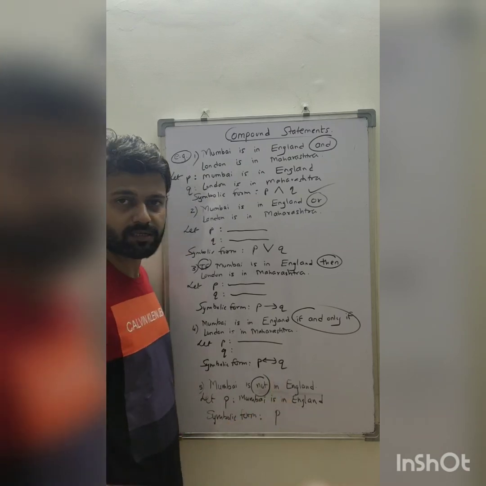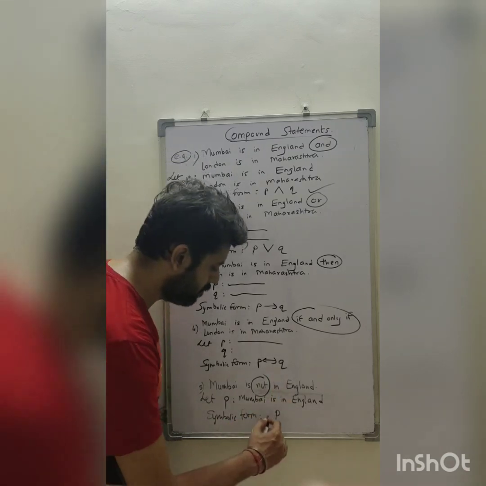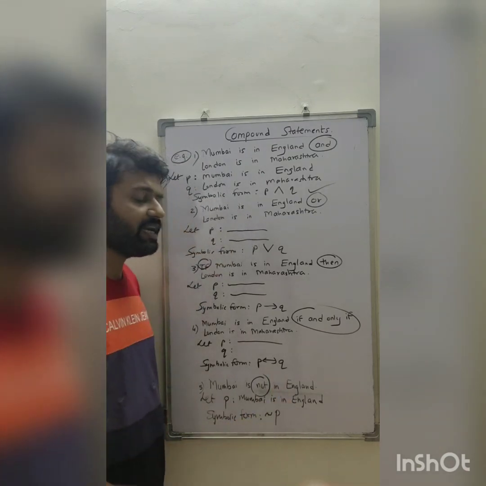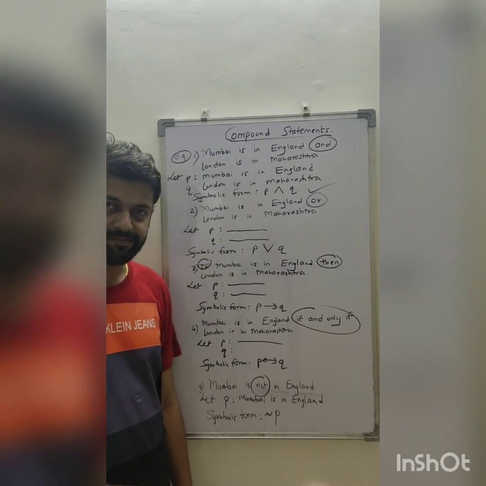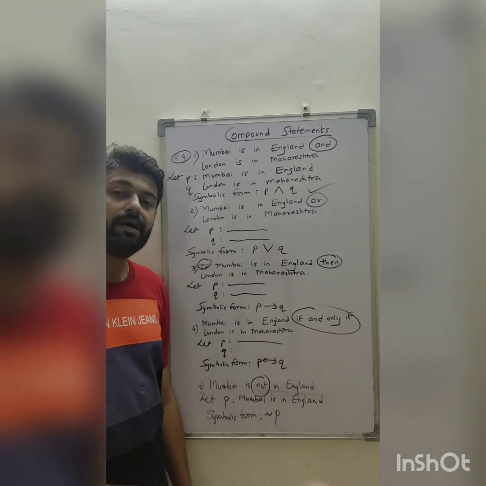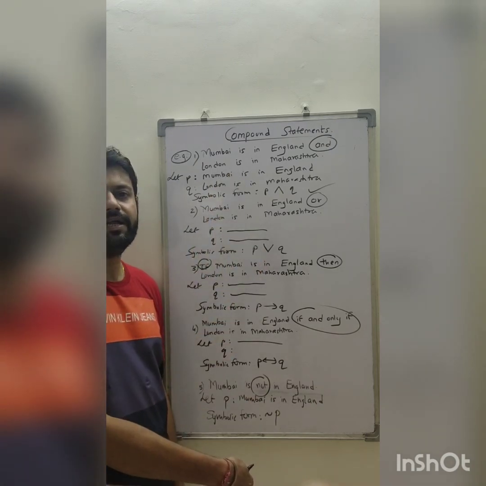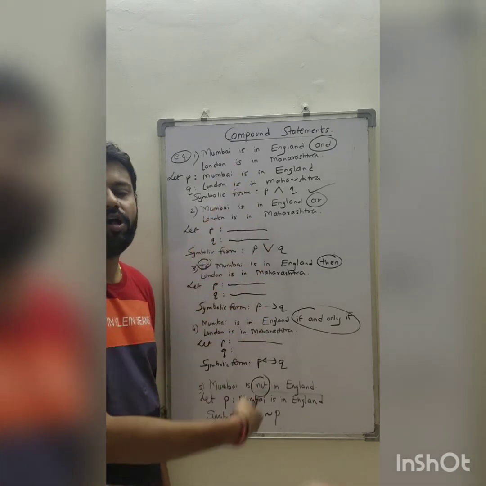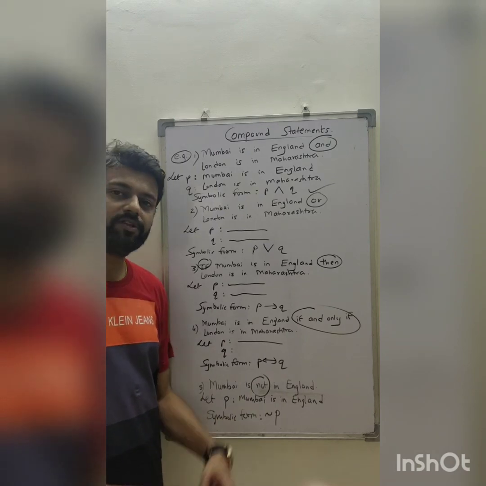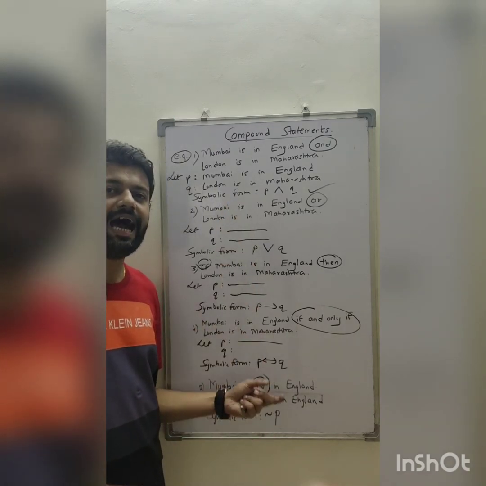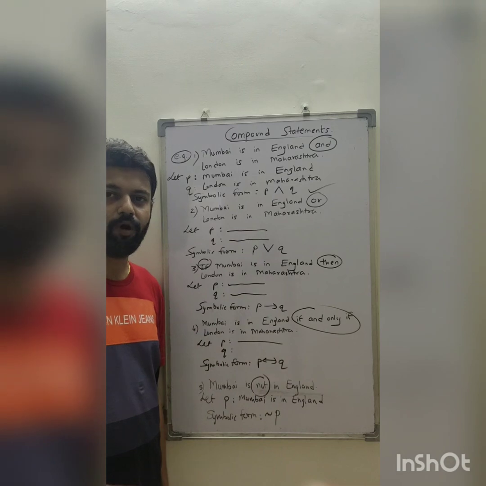This connective not is expressed by a symbol which was earlier seen. This is called negation p. We will revise and learn the names of all the connectives. But for the time being, you have to understand how to express it in symbolic form.